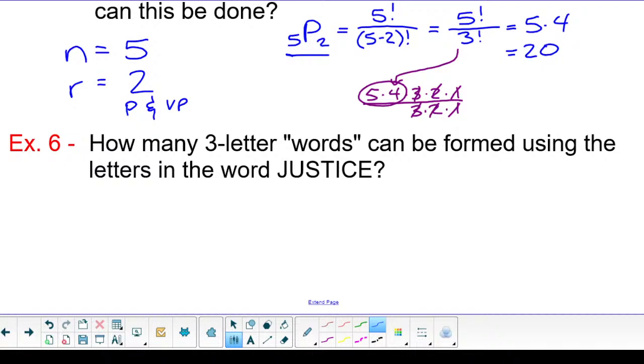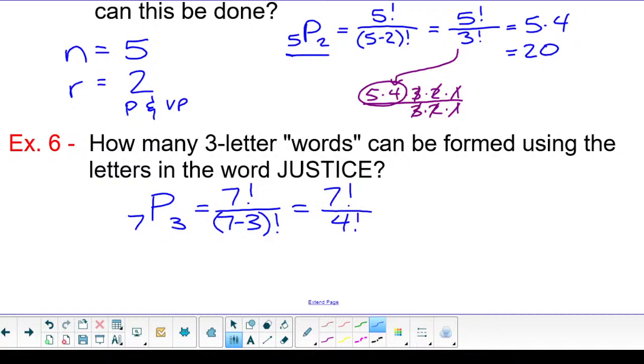Would N be 7 and then R is 3? Who thinks N is 7 and R is 3? I agree. 7 permute 3, which is 7 factorial over 7 minus 3 factorial. 7 factorial over 4 factorial. 7 times 6 times 5.